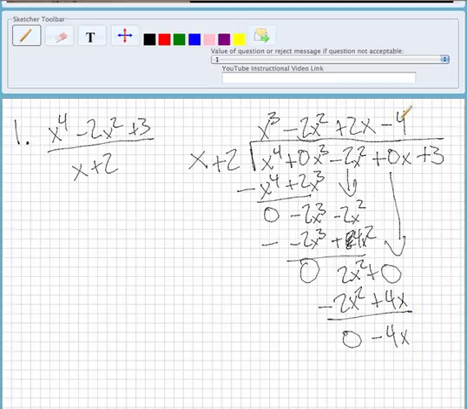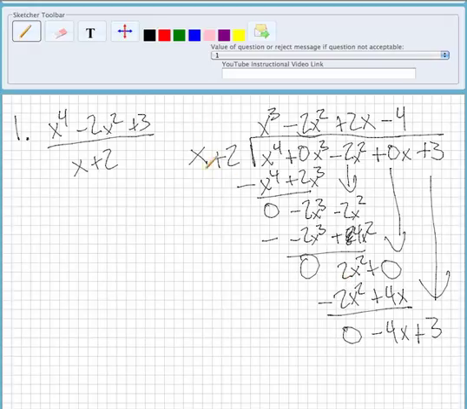So we bring down the positive 3, and now we get negative 4 times x is negative 4x, and negative 4 times 2 is negative 8, and subtract, this is 0, we're going to add, this is positive 13. Now what times x equals 13? We don't know. There's not going to be anything.